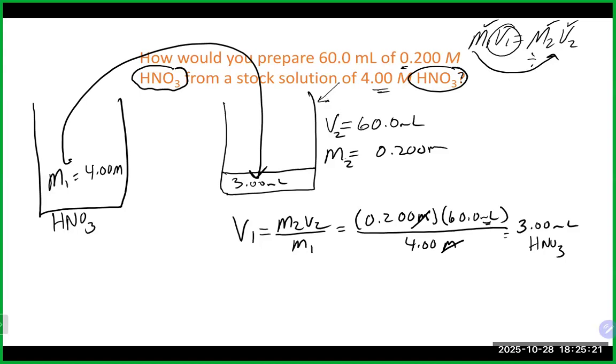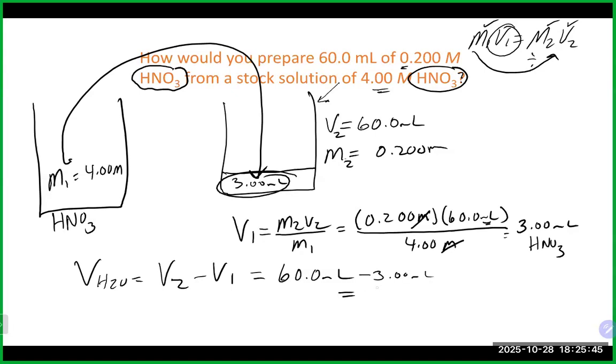A very common question in these dilution problems is how much water you should add. Typically, to find how much water or solvent, you take your V2 minus your V1. V2 is what I want to make, which is 60 milliliters, and V1 is what I already added, which is 3 milliliters.